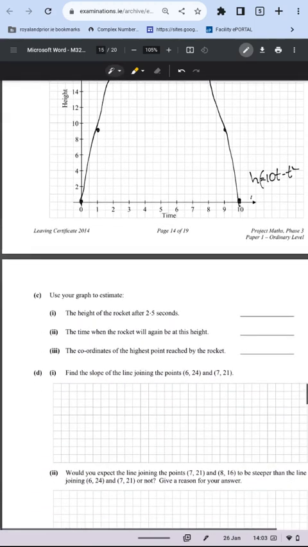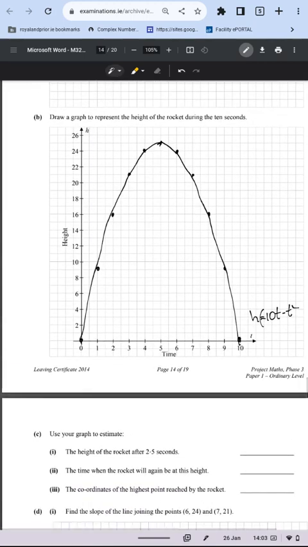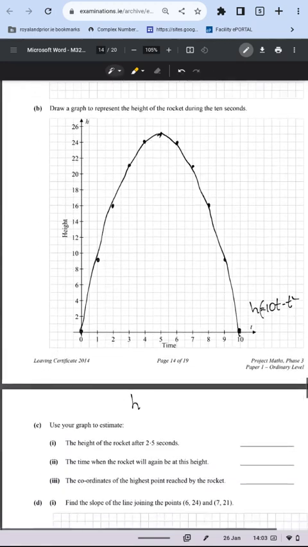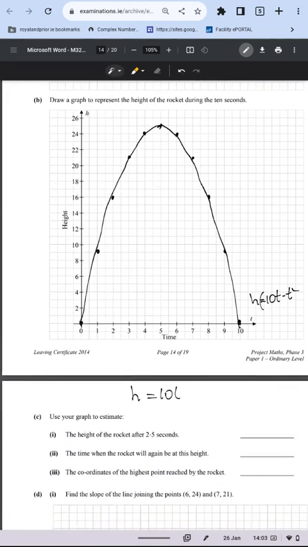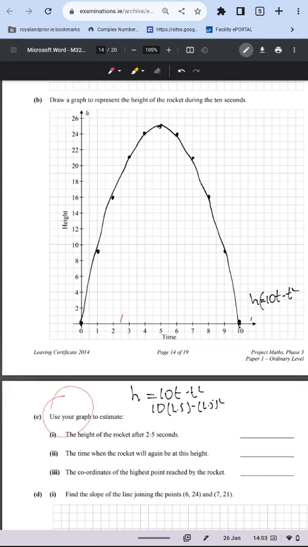It says use your graph to write down the height of the rocket after 2.5 seconds. Now, my function there at the start was h is equal to 10t minus t squared. If you're cute, you could sub in 2.5 for my t. But technically, when it says use your graph, you go up from the 2.5 to where it hits the graph and go across, and then you read off your answer.